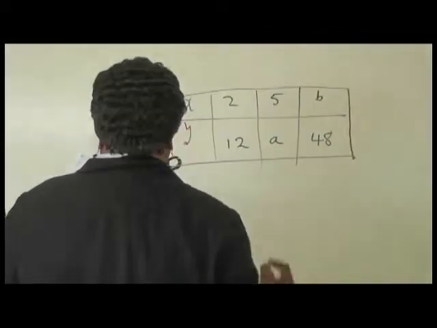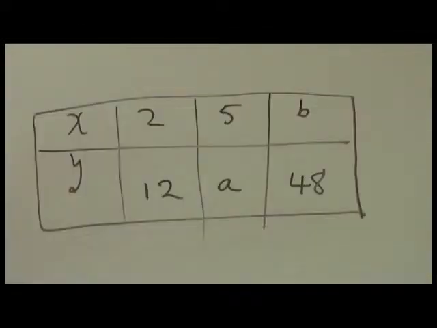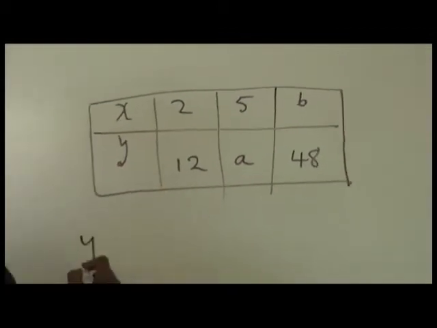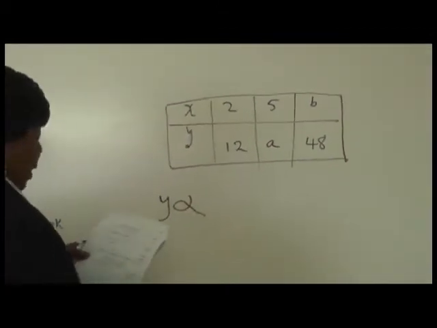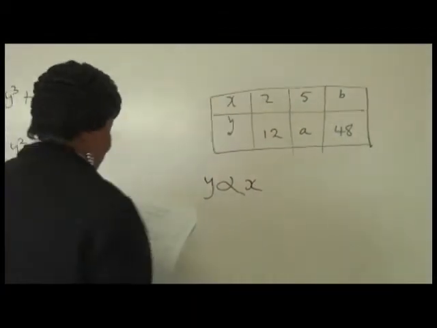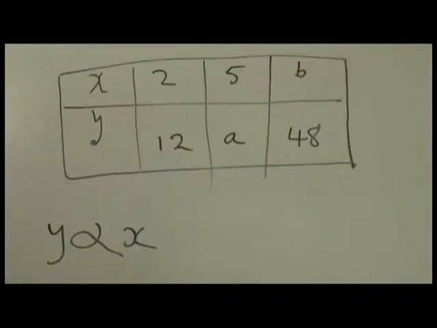And you don't have to even draw all these things. It says, the table below shows corresponding values of the variables X and Y, where Y varies directly as X. And of course, they're asking us to calculate the values of A and B.